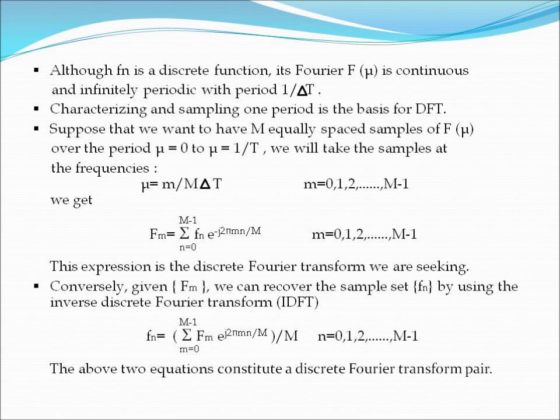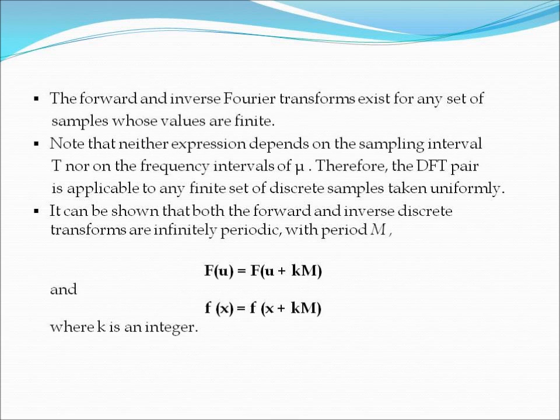Conversely, if the values of F(m) are given, then we can recover the sample set f_n by using the inverse discrete Fourier transform as given. The above two equations constitute a discrete Fourier transform pair. From this result, we observe that the forward and inverse Fourier transforms exist for any set of samples whose values are finite.